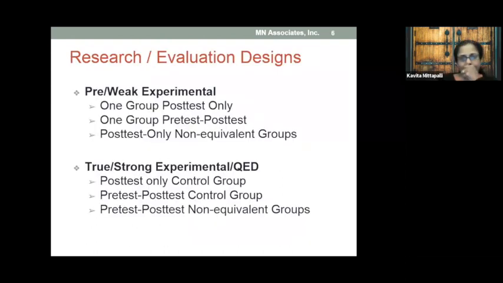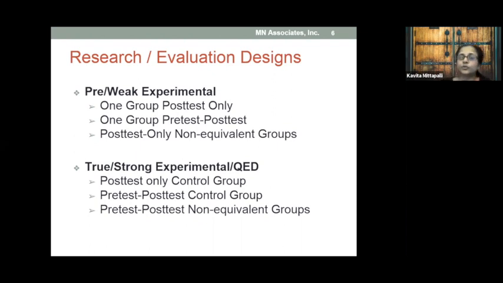So in a sense, there are some basic designs that for the most part all researchers and evaluators would use. The most common one that I mentioned is one group post-test only, especially when you have one sample and you are just doing a post-test after the intervention is done to find out the level of satisfaction, their perceptions, their participation, change in knowledge, growth, what have you.